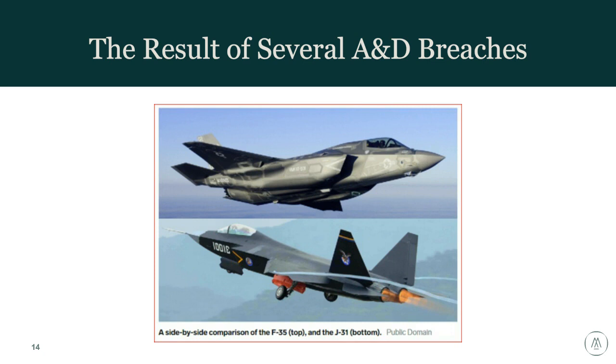F-35 is the most expensive program in United States history. And for a couple of stolen blueprints and some other sloppiness that happened in the U.S., we've got a pretty comparable competition in the J31. J31 is hands above much better than the J21. So I'll just leave it at that. This is what happens, and it's very, very disturbing, and this is a matter of national security for all of us.